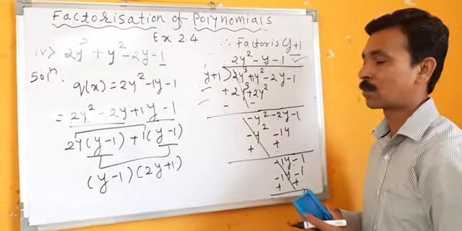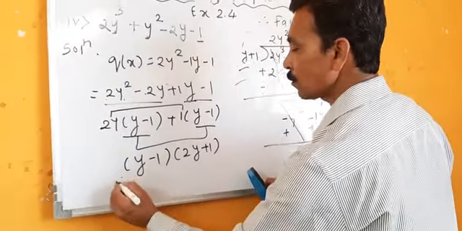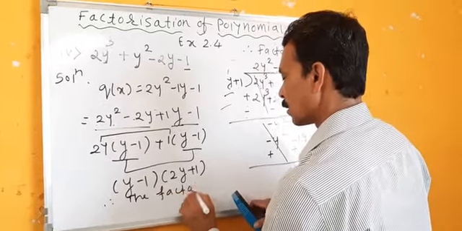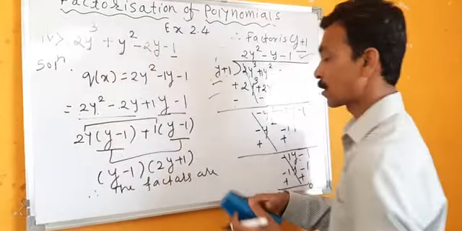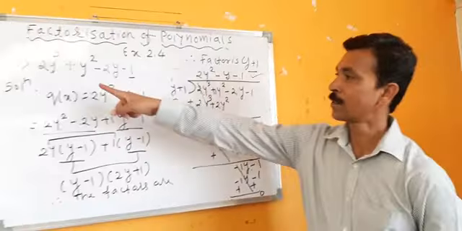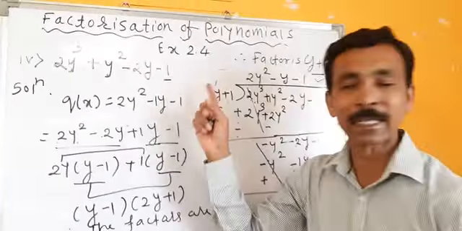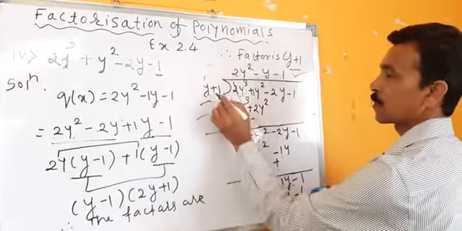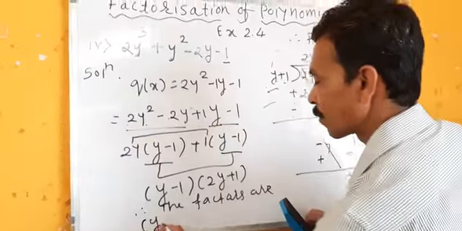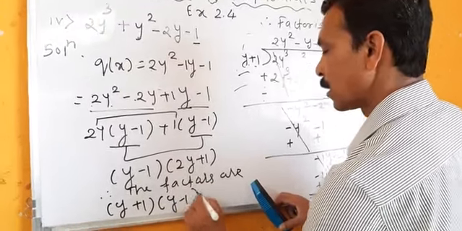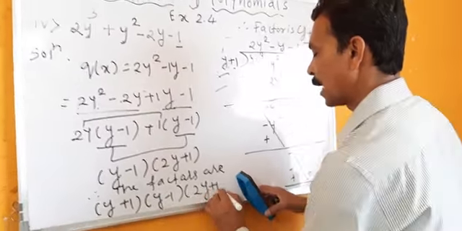Right? Therefore, the factors of 2y cube plus y square minus 2y minus 1, which are the factors? First is y plus 1 and just now we got in two brackets y minus 1 into 2y plus 1.